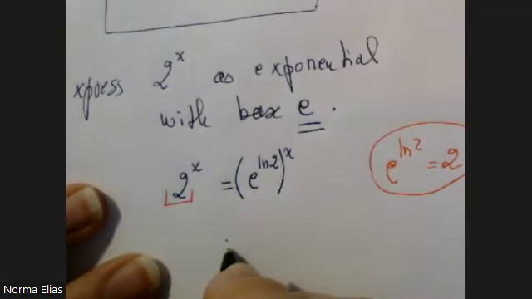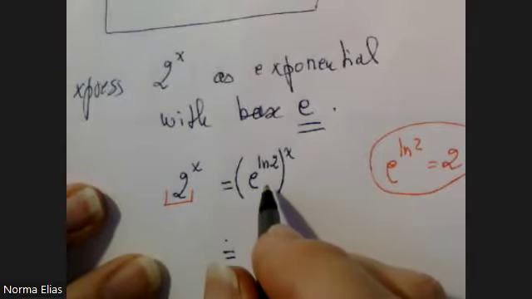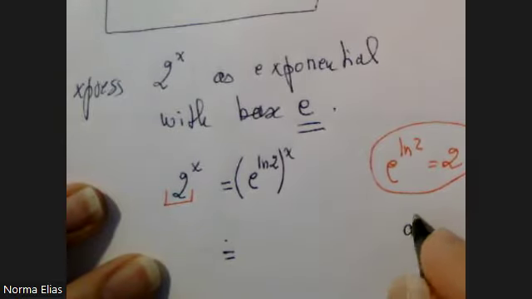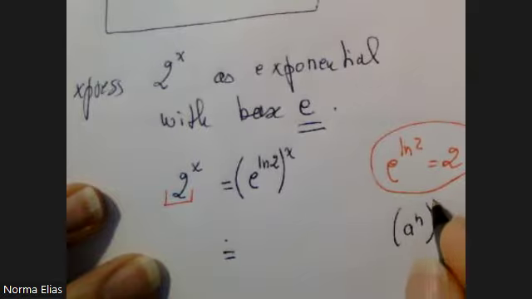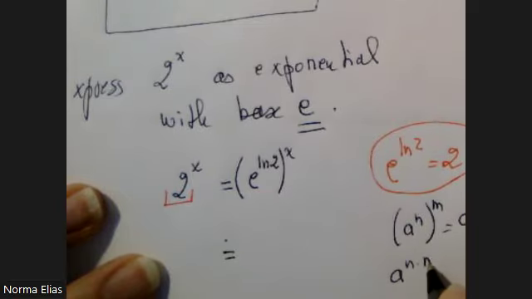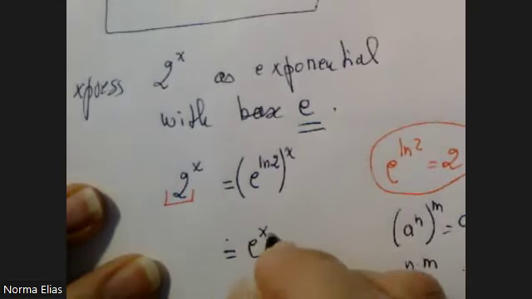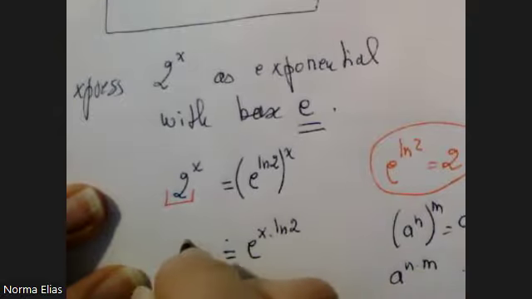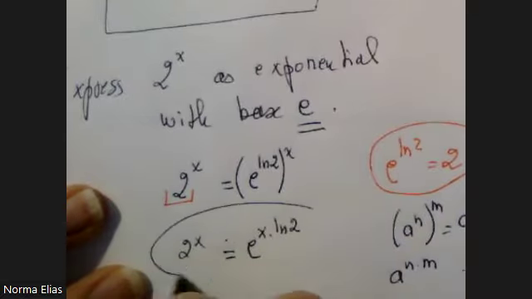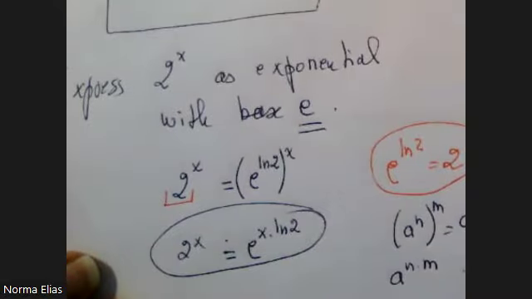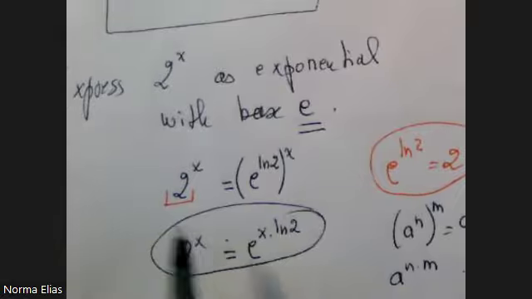Now, with the property of the exponent, (a to the n) to the m, we multiply the powers. And that's exactly what I'm going to do. So that's e to the power x ln of 2. So 2 to the x is e to the x ln of 2. So that's how we move from any exponential to an exponential with base e.